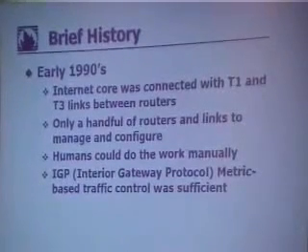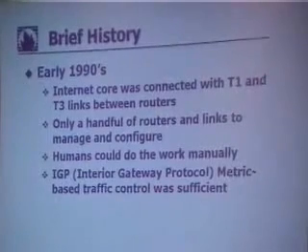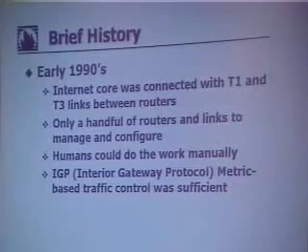As many of you in the room are probably aware, in the beginning of the internet, not really the beginning, but let's say the end of the last decade, the 80s anyways, a lot of the networks were relatively small in comparison to today. The link bandwidths weren't that large, as you are all aware.